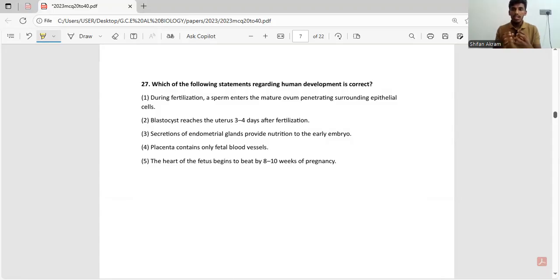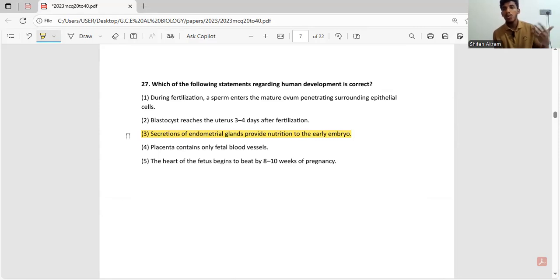So the endometrium secretes nutrition through the endometrial glands to the early embryo. Again, that statement is correct, right? Okay. Fourth statement: the placenta contains only fetal blood vessels. We know the placenta contains both fetal and maternal blood vessels.